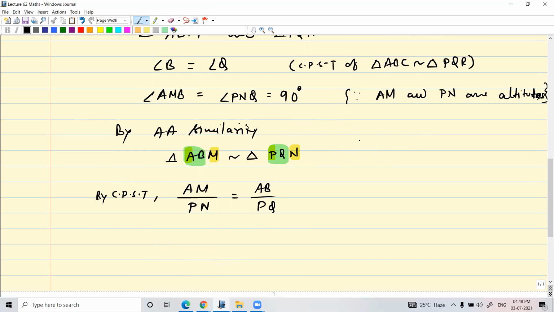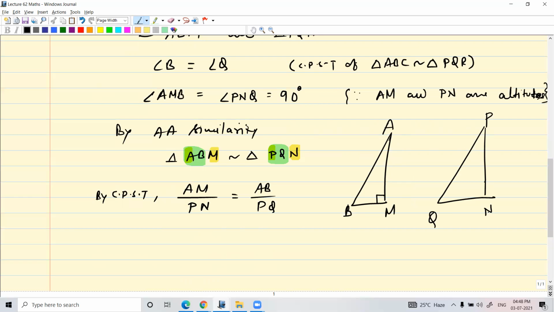Yes, sir. Okay. So if two triangles are similar, this is A, B, M, and this is your P, Q, N. Just now we proved. I have not drawn the full triangle. The full triangle will be something like this side.